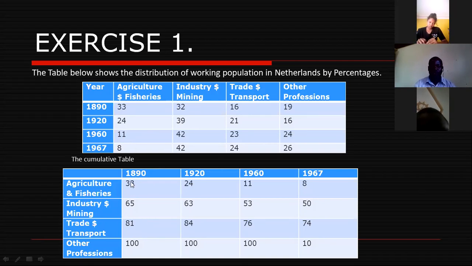I am first of all going to add this. So in this aspect, we are getting one for 1890, which is this. We are going to go the horizontal way, not the vertical, because the representation we want is the year 1890.